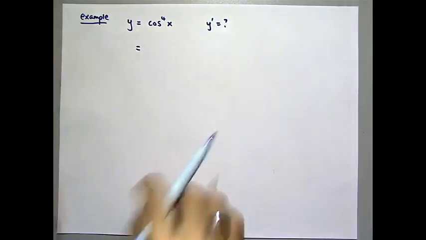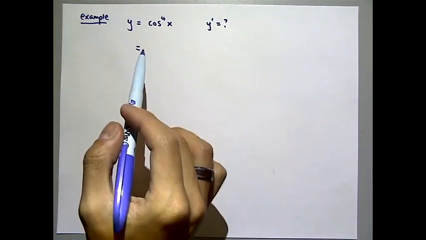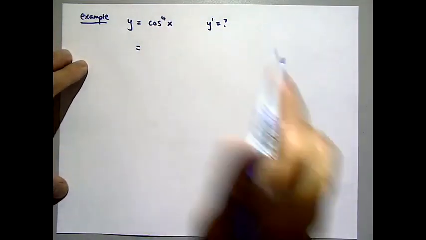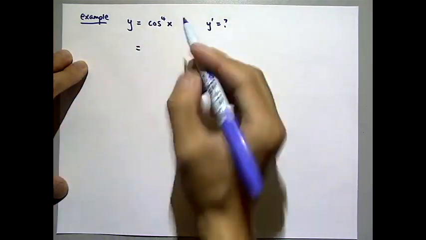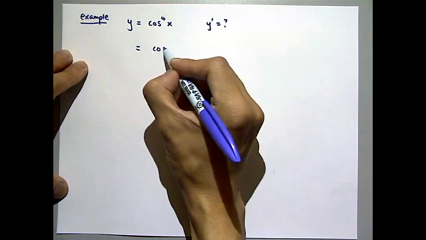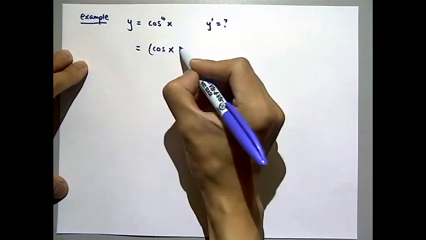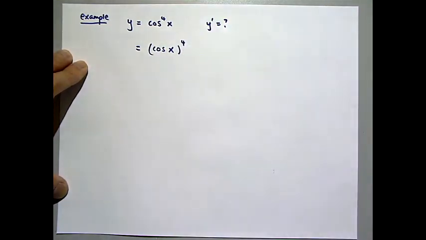You just have to realize that the way we write trig powers is kind of funny. This 4 with a cosine actually means cosine of x to the power of 4. The 4 goes with the cosine of x, not with the x.